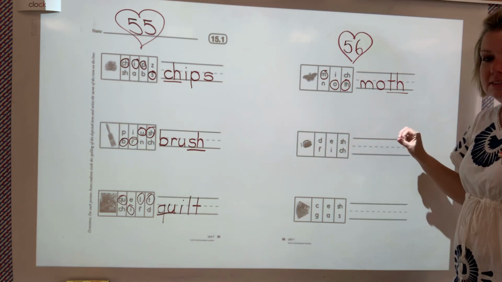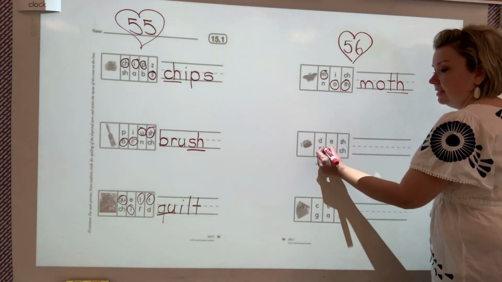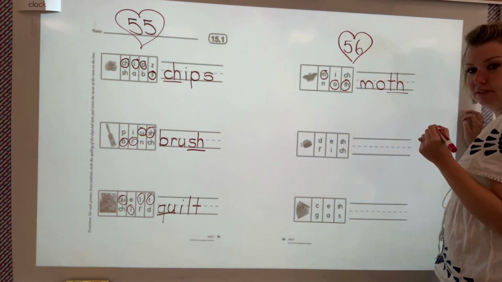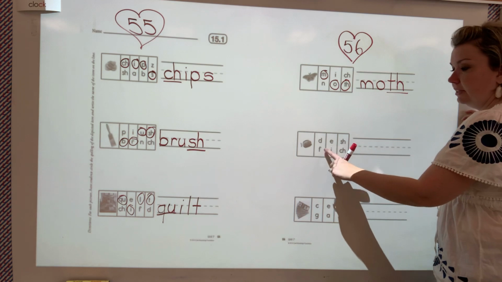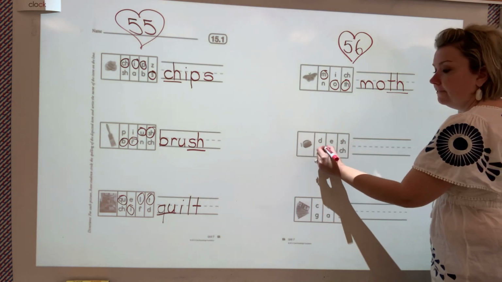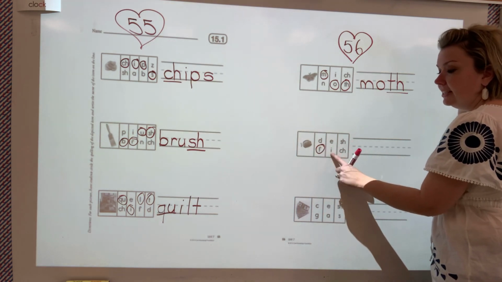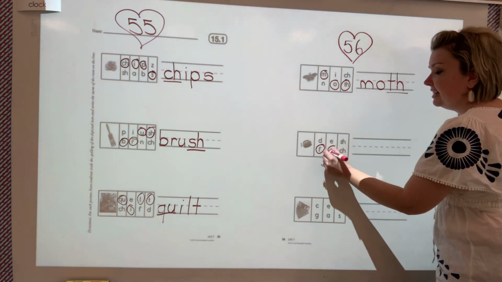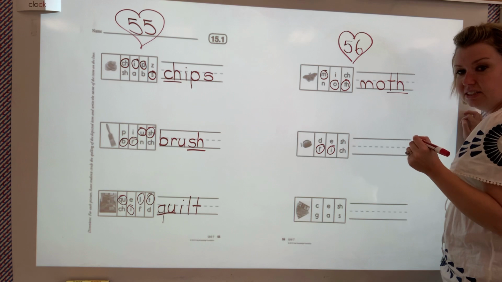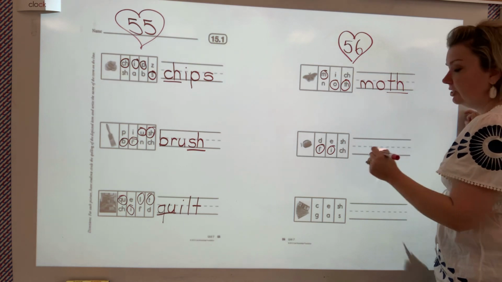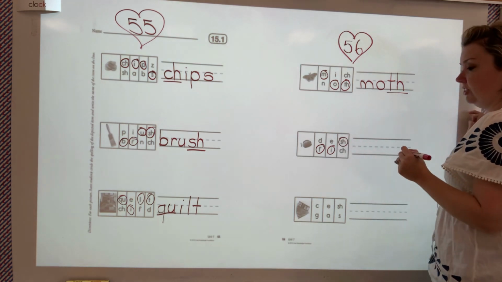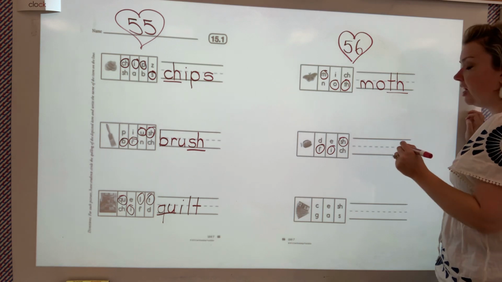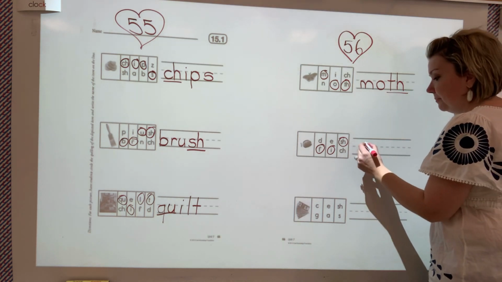Segment the sounds. You're on the wrong page. Turn your page. Fish. Tell me the sounds. F. What's this sound? I. Excellent. And our ending sound? Excellent. You gotta say it loud. Good job. Thank you, DJ.